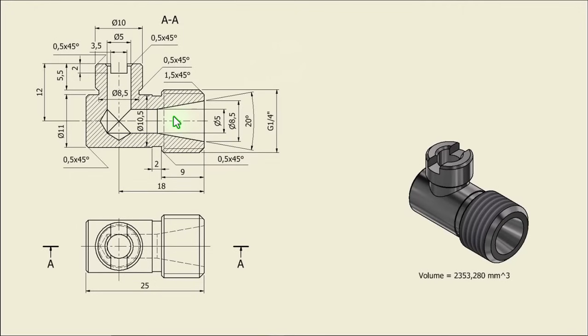Okay. The other hole is this one with a countersink. Diameter of 5, diameter of 8.5, and angle of 20 degrees. The depth is 18 plus half of 5.